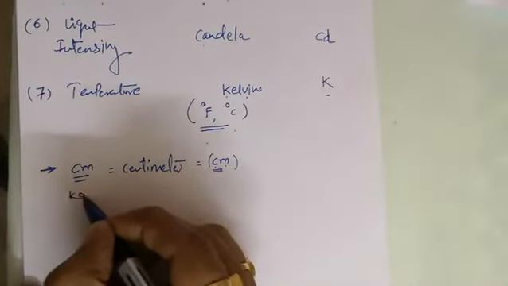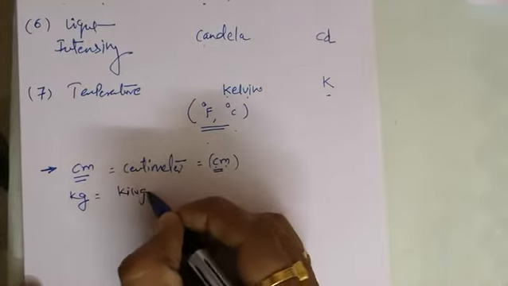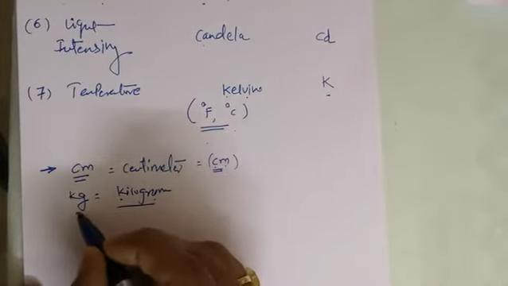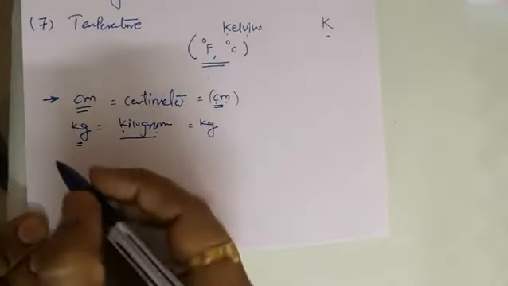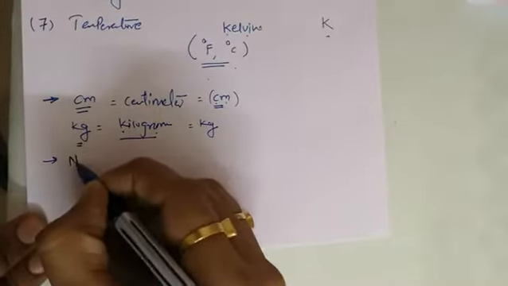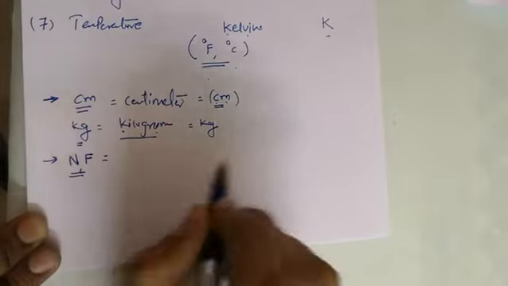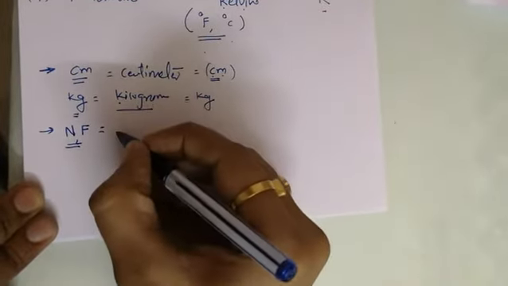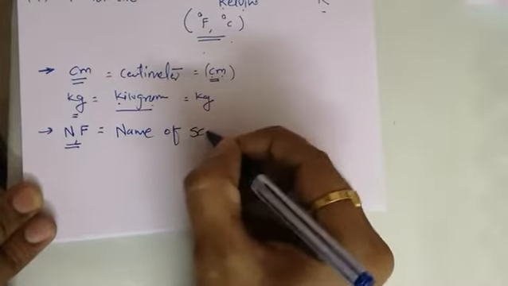Let's say I mention kg for kilograms: rather than writing it in full, you can just use the abbreviated form, kg. Next, whenever we use the name of a scientist, we use capital letters, only for the name of a scientist.